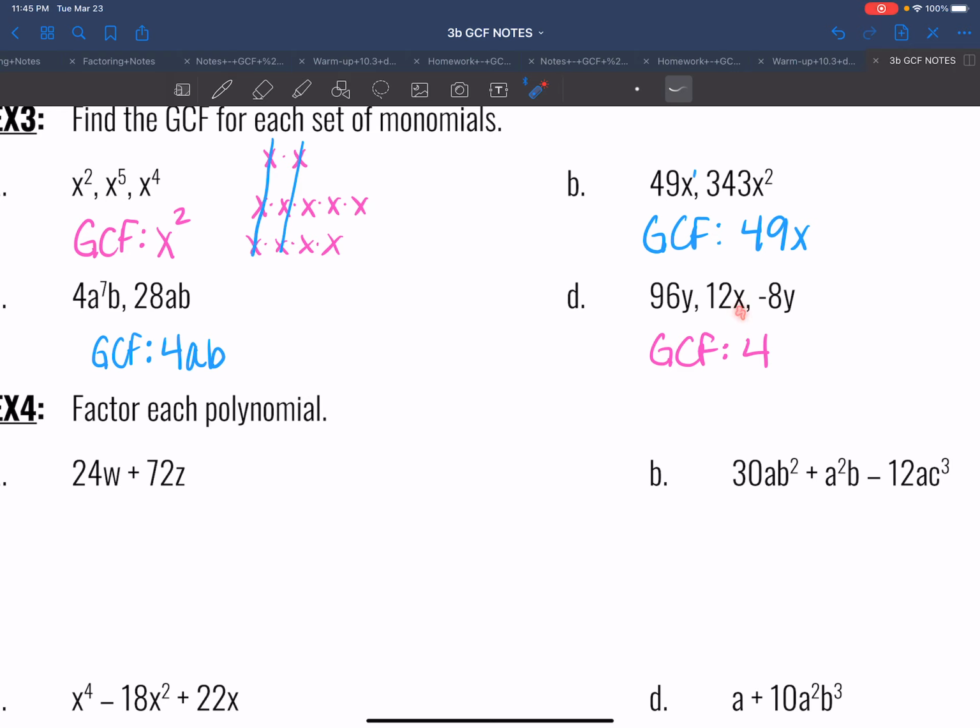So our GCF won't have a y in it, and it also won't have an x in it because these two terms don't have x's at all. So since there's no more common factors or common variables here, our GCF just ends up being a 4. That's the most that we could factor out of these 3 terms, would be just a 4.